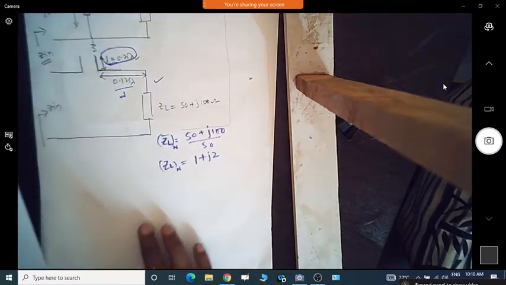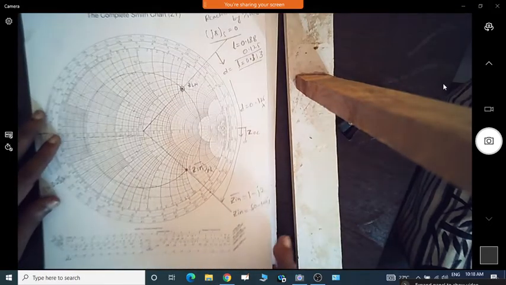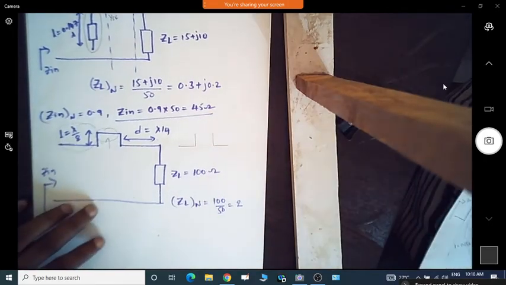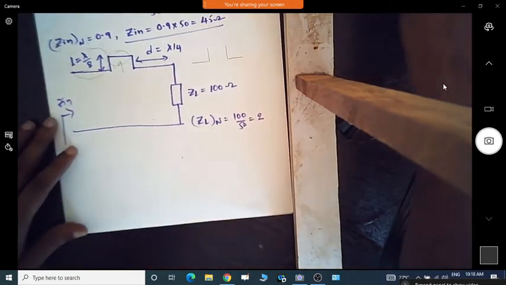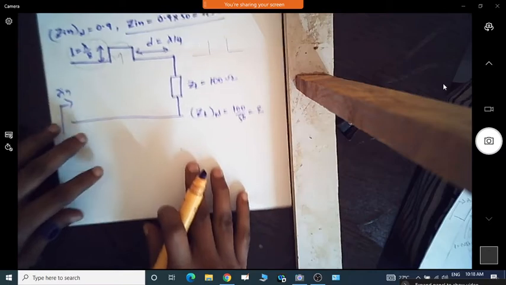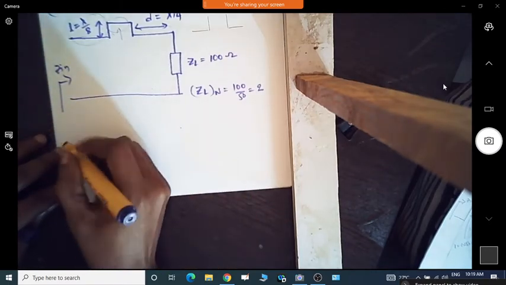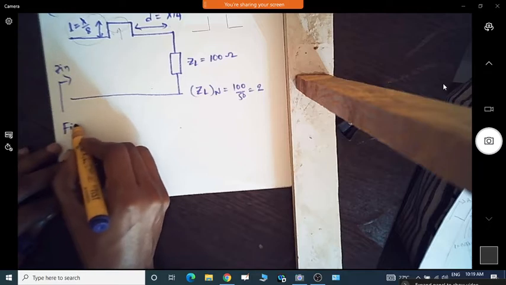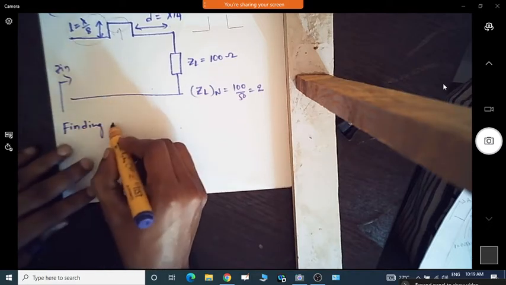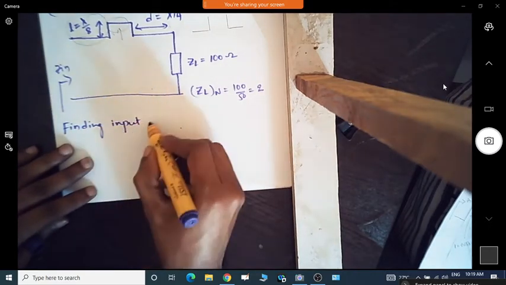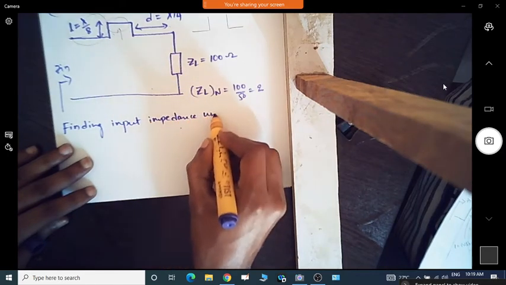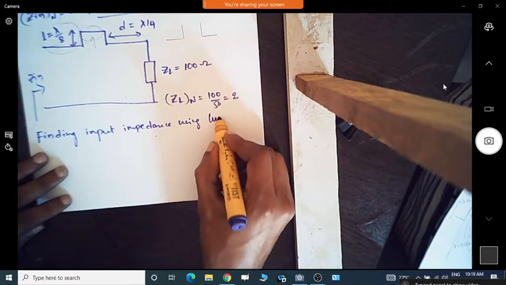Now we try to do one more application, where we find the input impedance using lumped elements.